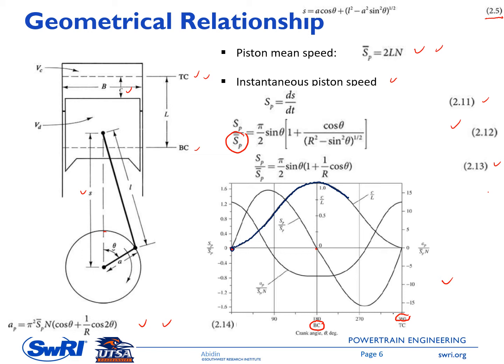That's why we have a value here of 1. Then the next plot, in purple, is the instantaneous piston speed.